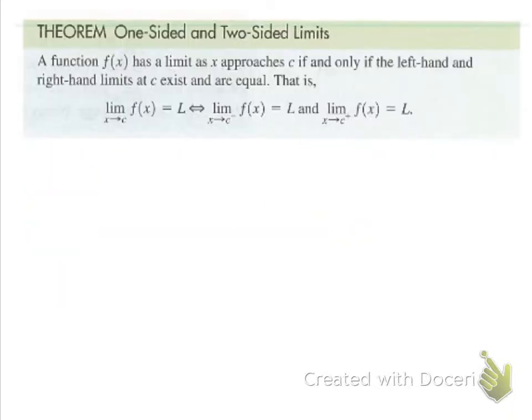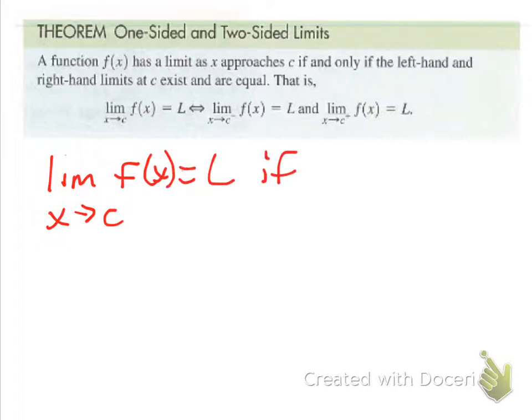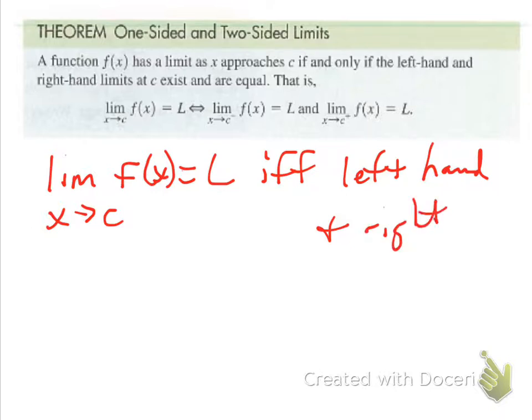Now, here's what this is describing. The limit as x approaches c of f of x equals L if, and only if, the left-hand and right-hand limits equal L. So in other words, the left and the right-hand limits have to be the same for the overall limit to be that number.